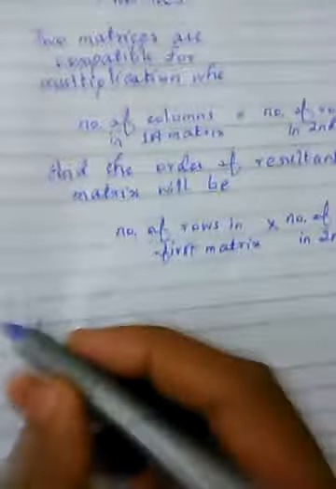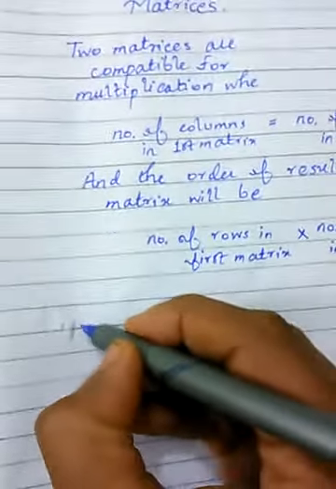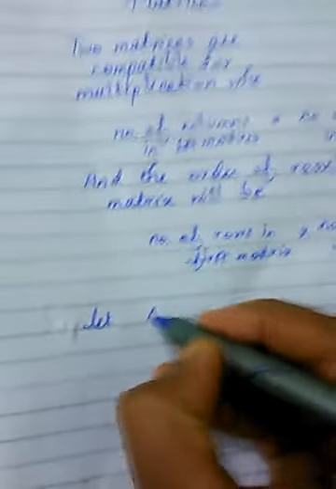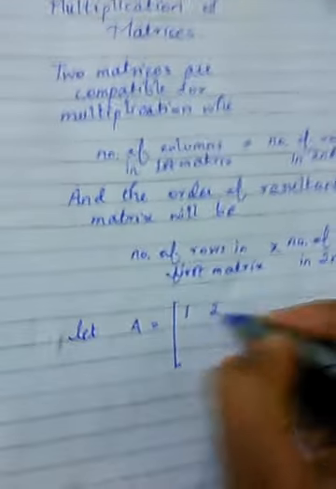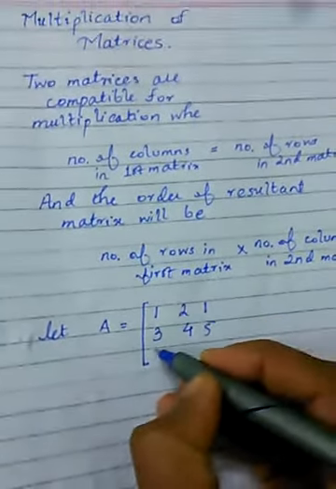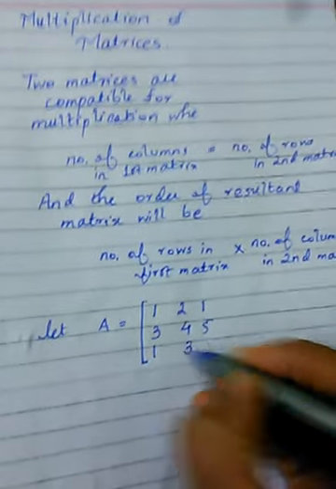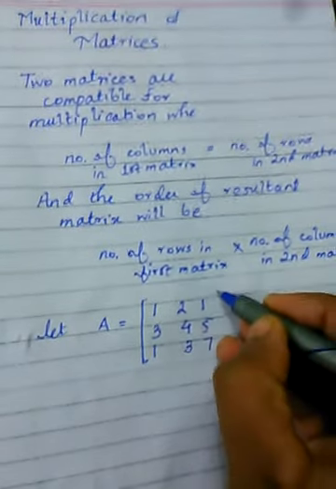Let's take an example. Let's suppose we have a matrix A of order 3 by 3: 1 2 1, 3 4 5, 1 3 7.